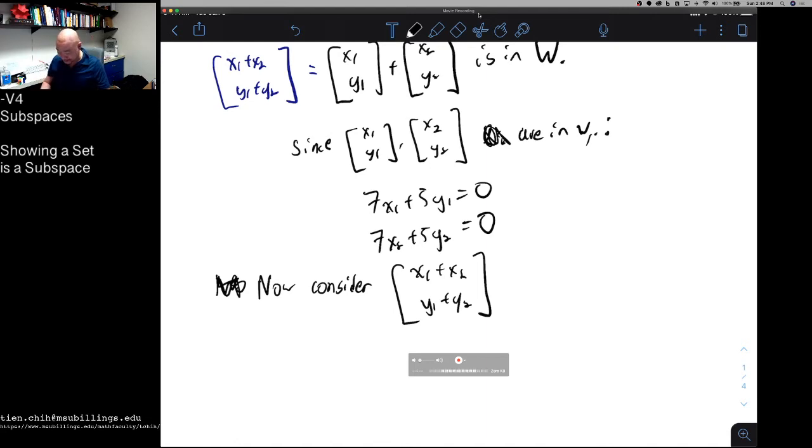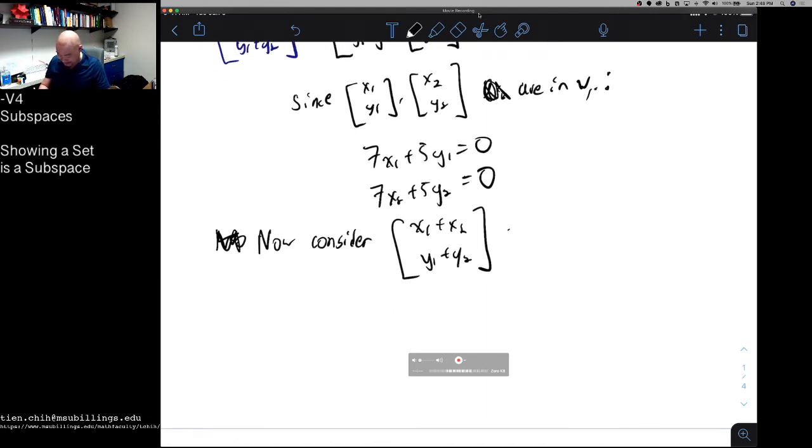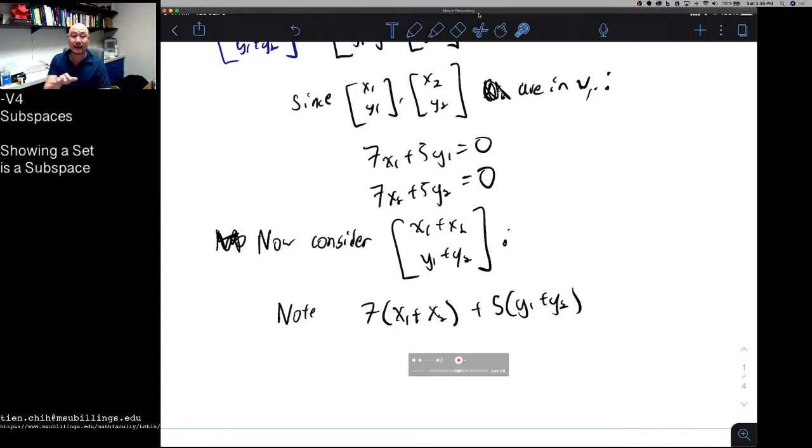Well, if it were to live in W, what that would mean is that if I take 7 times the x entry and 5 times the y entry, this term here should allegedly be 0. Well, I don't know that yet. But what I do know is these two facts, right? That 7x1 plus 5y1 is 0, and 7x2 plus 5y2 is also 0.